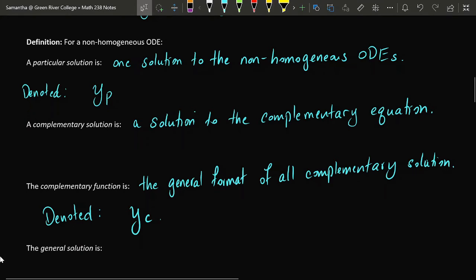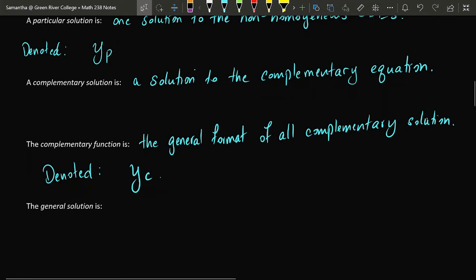And the general solution is the description of the general format of all the solutions to the original non-homogeneous ODE.